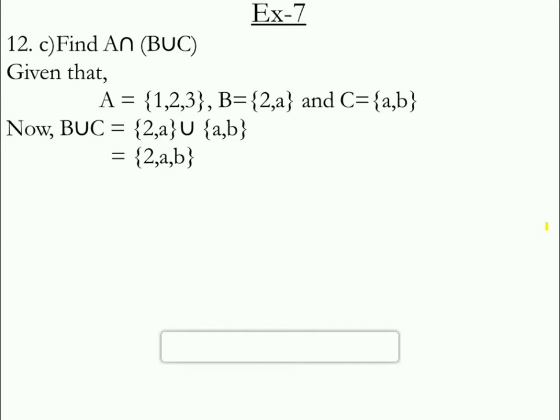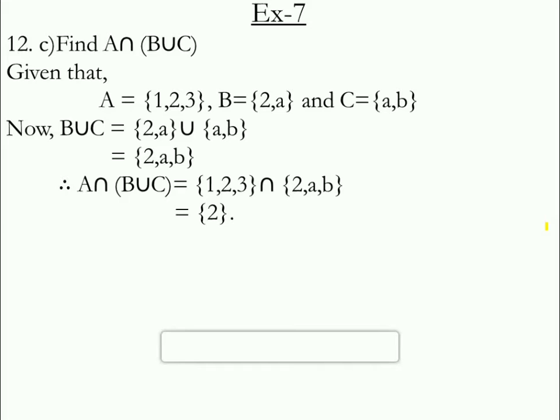So here it is {2, a, b}, so that is B union C, and after that we have to find the intersection with A. Now the set A was {1, 2, 3}, and that is intersected with {2, a, b}. Now look, there is only one term common between these two sets.